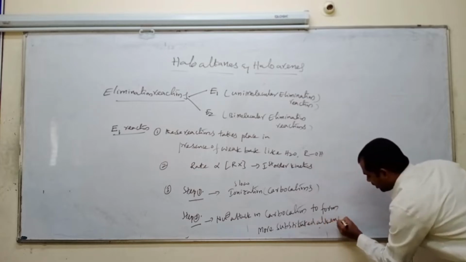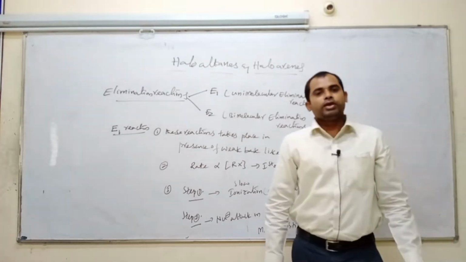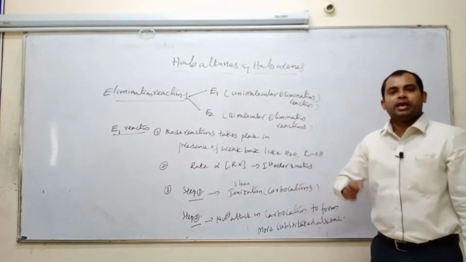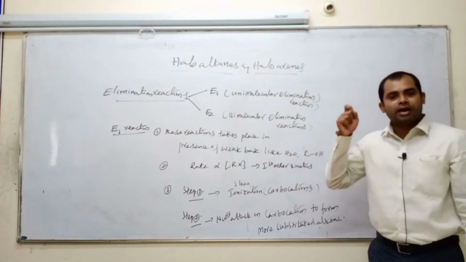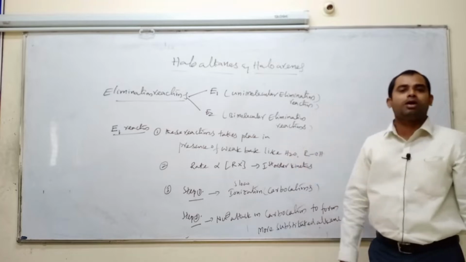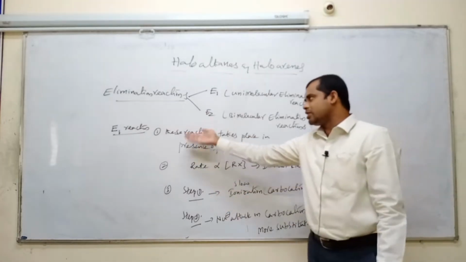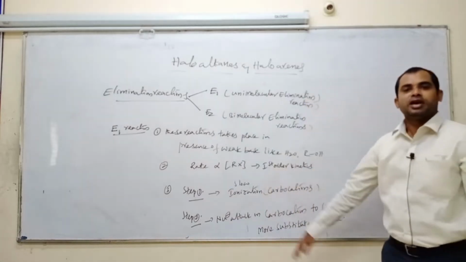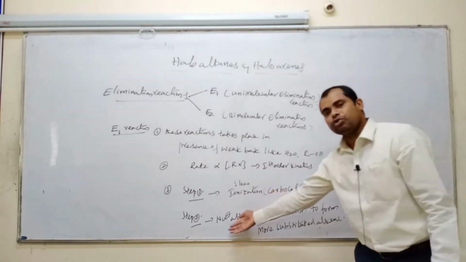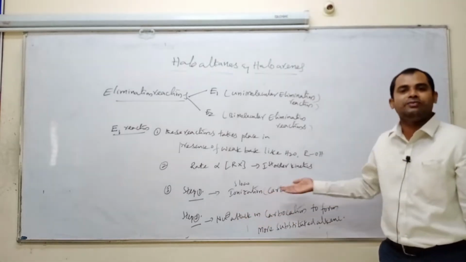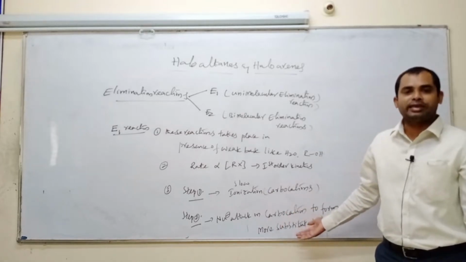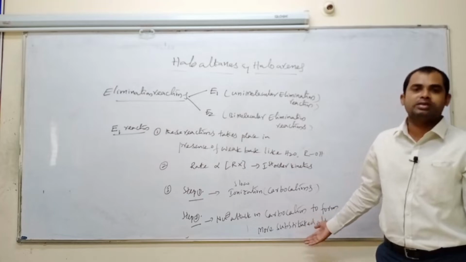According to the Saytzeff rule, in dehydrohalogenation reactions the preferred product is the alkene having the greater number of alkyl groups attached to the double bond carbon. So this E1 reaction involves two steps. First, ionization to form the carbocation. Second, the base or nucleophile attacks the carbocation to form the more substituted alkene according to the Saytzeff rule.